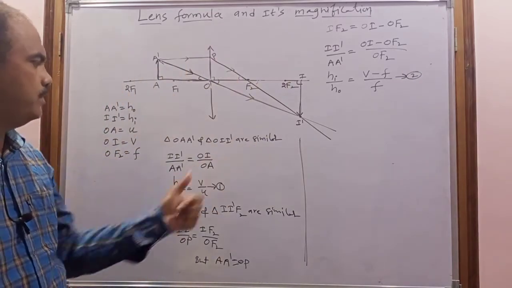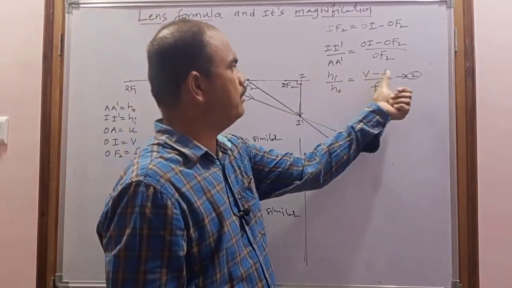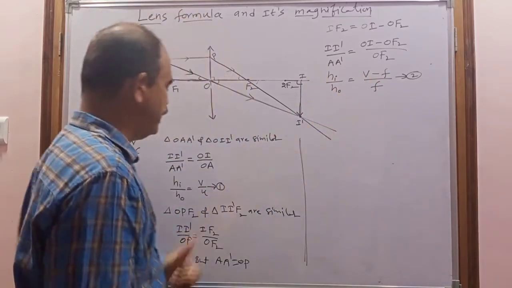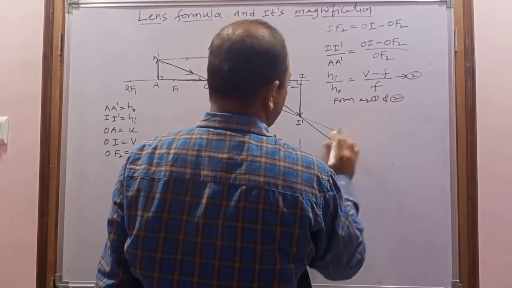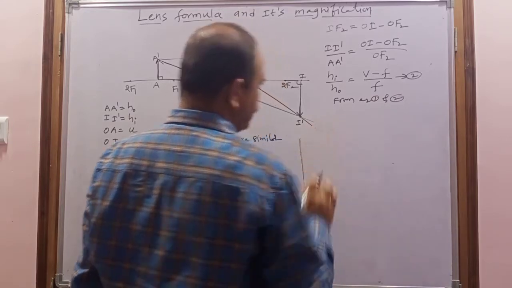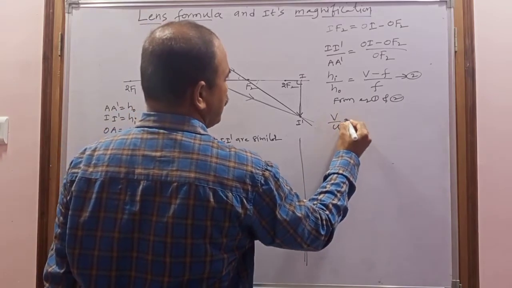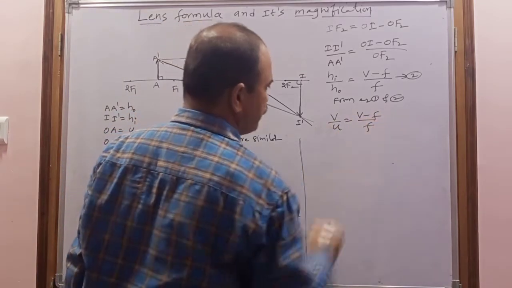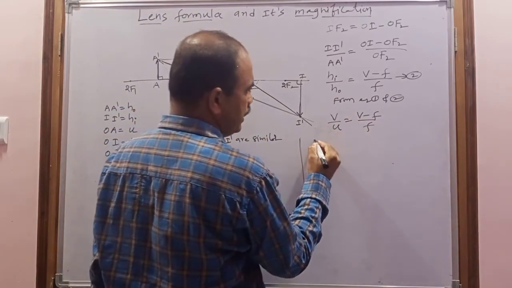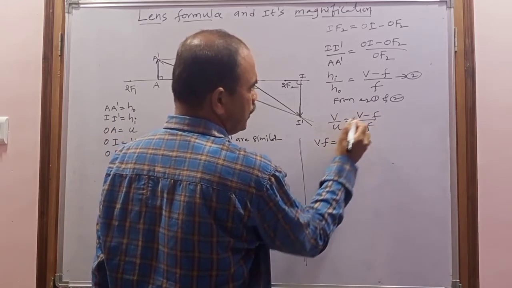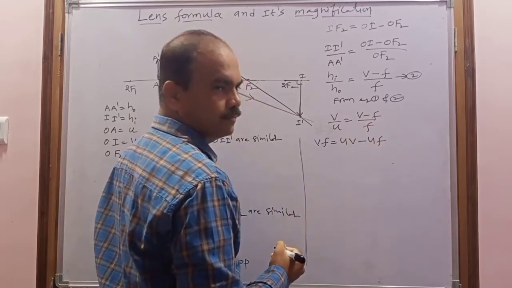From equation 1 and 2, height of the image by height of the object equals V by U, and height of the image by height of the object equals V minus F by F. So these two are equated. That's why V by U equals V minus F by F. After that, simplify. When I do the cross multiplication, V into F, VF equals U into V minus U into F, UV minus UF.